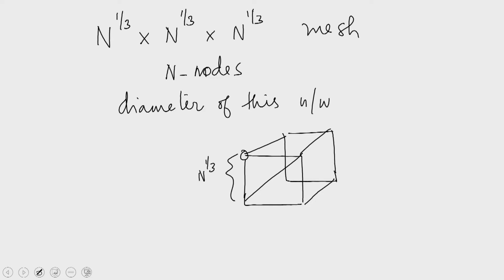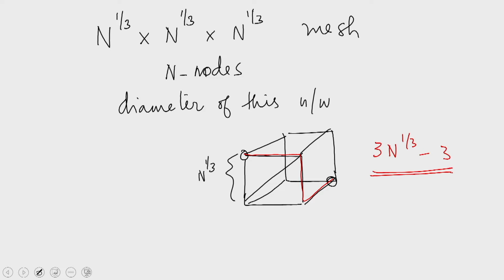So, if you start at a node and go to the diametrically opposite node, then you can traverse any one of the possible paths. This is one way of going from a node to its diametrically opposite node. So, the distance traversed here is 3 n^(1/3) minus 3. So, this is the diameter of this mesh.